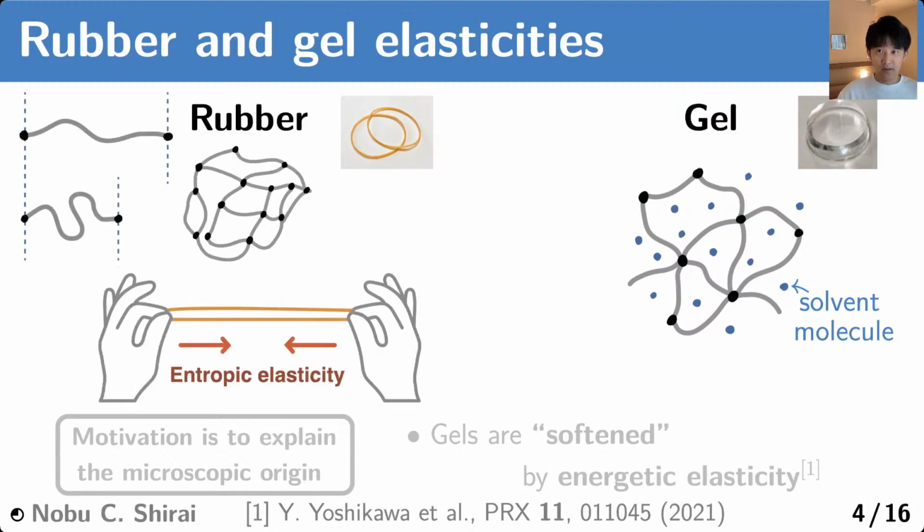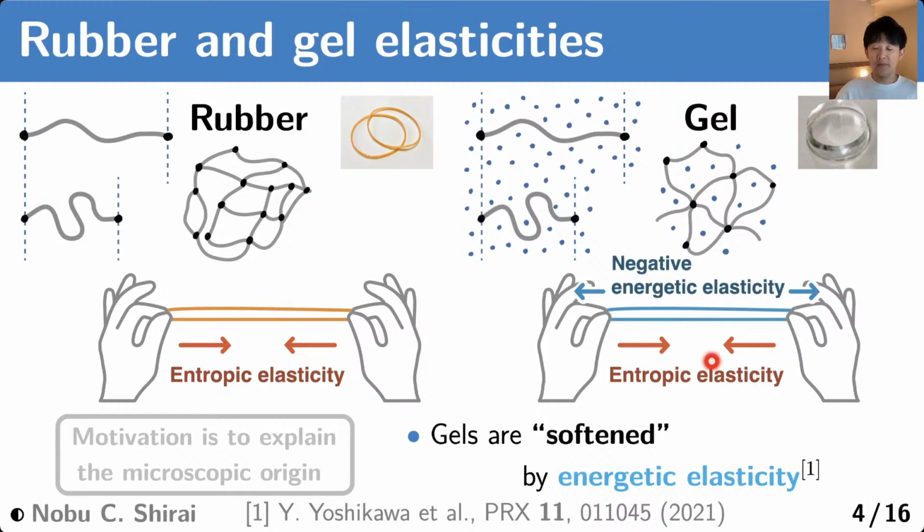In the case of rubber, it is basically explained by entropic elasticity. So the origin of the tension or the force is based on entropy. This state is entropically stabler than this elongated state, so that resists the deformation. And in the case of gel, it also has entropic elasticity, but it also has energetic elasticity, non-negligible energetic elasticity.